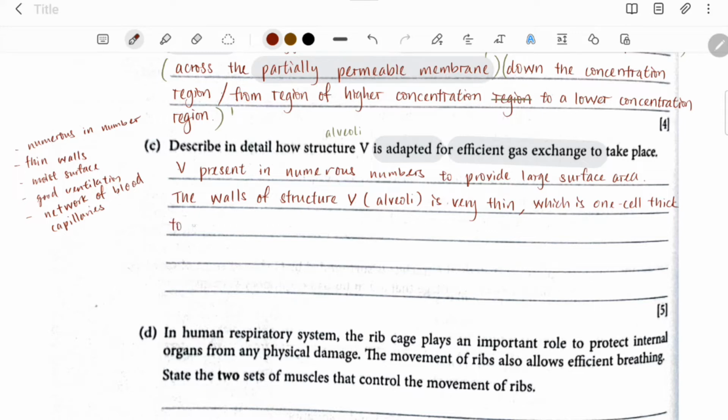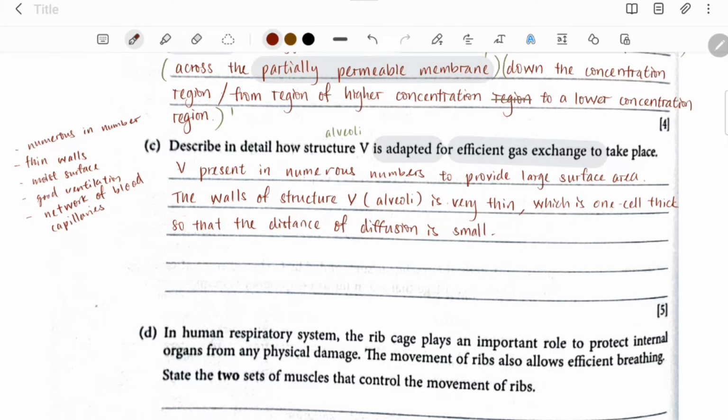So that the distance of diffusion is small.